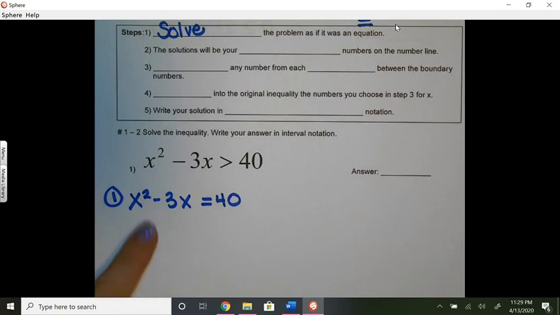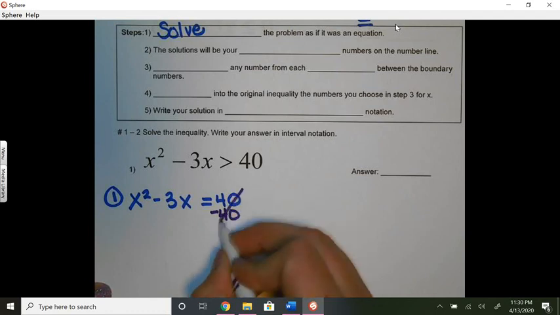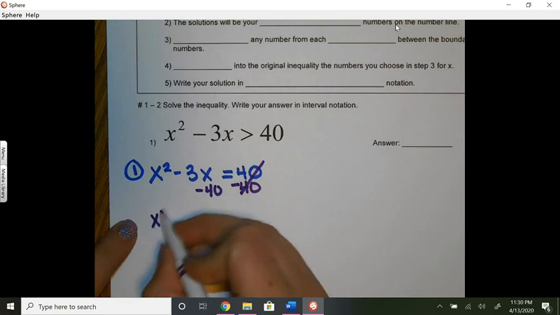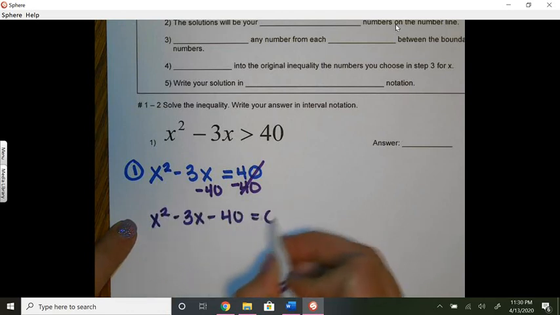To solve this equation, whenever it has an exponent, there are multiple methods that we learned in this chapter of how to solve an equation with the highest exponent of 2. So I like to factor or use the quadratic formula. To do that, I need it to equal 0. So that is why I know to set it equal to 0, because of the method I am choosing to use.